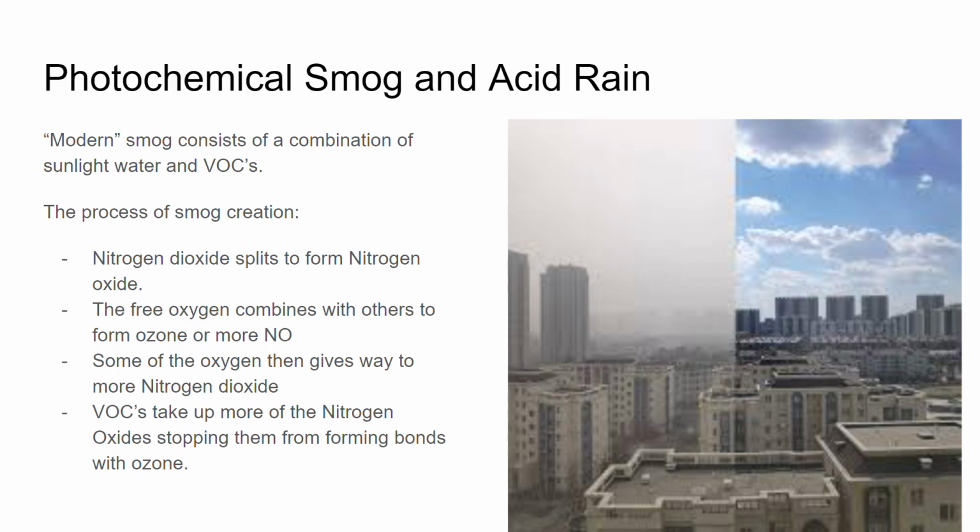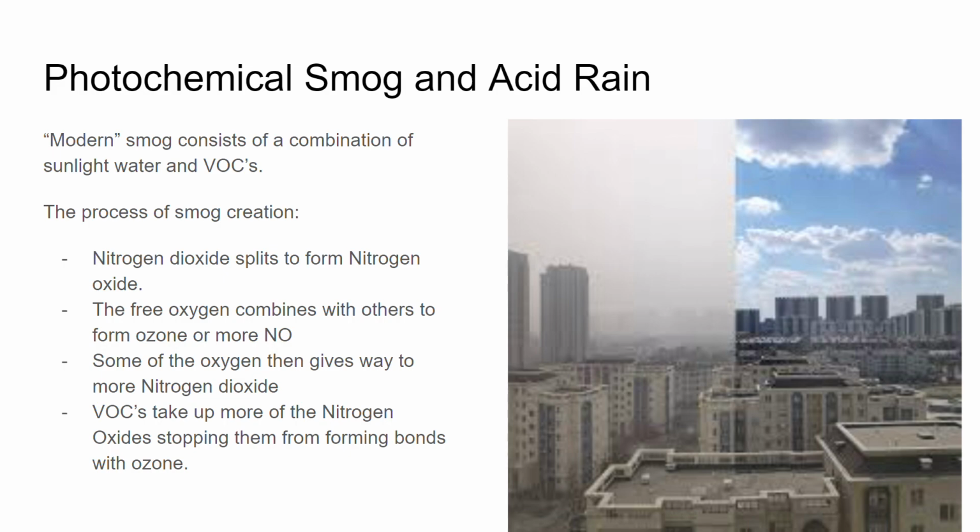Again, modern smog consists of a combination of sunlight, water, and volatile organic compounds. So you bring all those together, and smog essentially is what's created. And there's a process by which it's created. Nitrogen dioxide splits to form nitrous oxide. The free oxygen combines with others to form ozone or more NOx, and then some of the oxygen then gives way to more nitrogen dioxide.